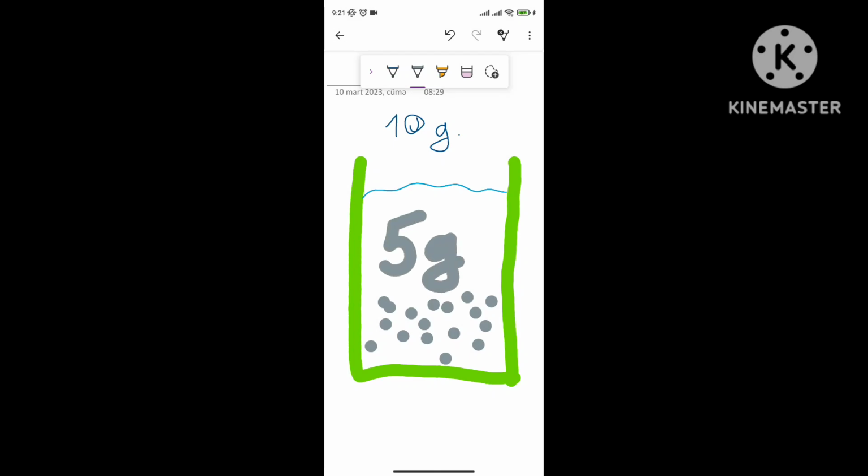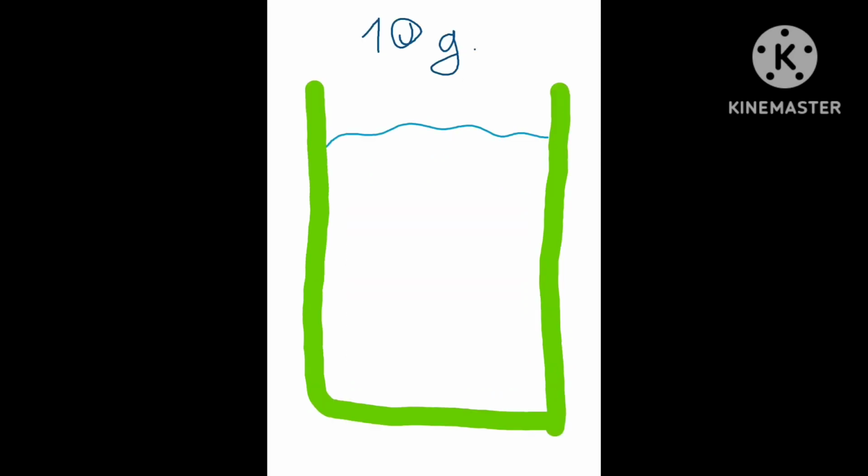Certainly all 5 grams of sugar will be dissolved because this liquid actually can dissolve 10 grams of sugar, and we dissolved only 5 grams. So 5 grams of sugar will be easily dissolved here, and it still can dissolve 5 grams more.